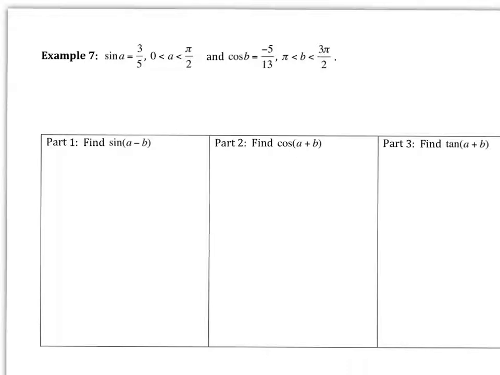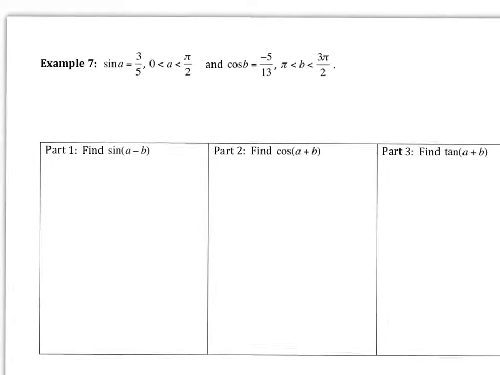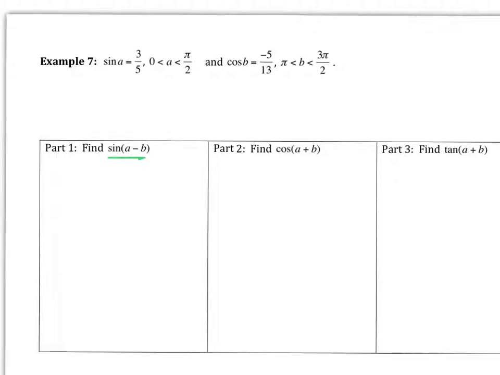Okay, so if I were to rewrite my sine formula, would you agree that it would be sine of A cosine of B, right? And then it's minus cosine of A and sine of B. Okay, all right.